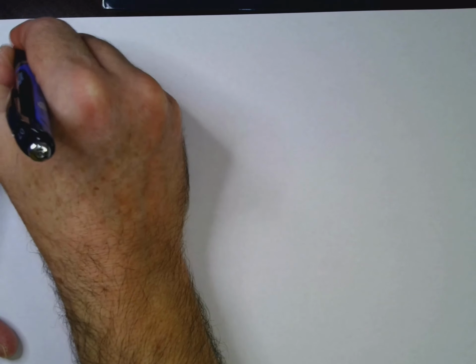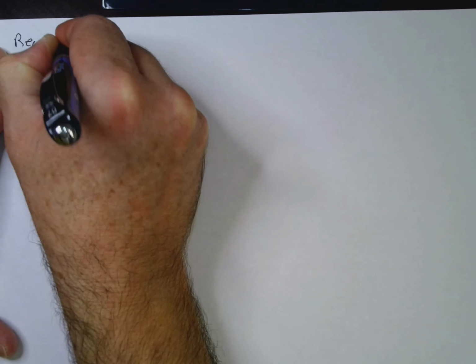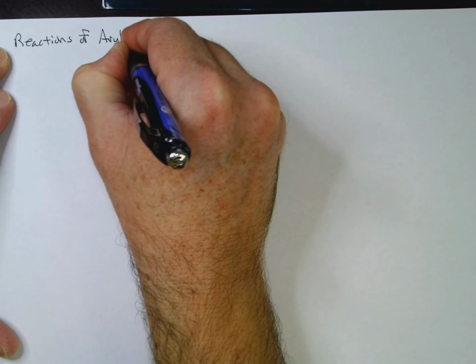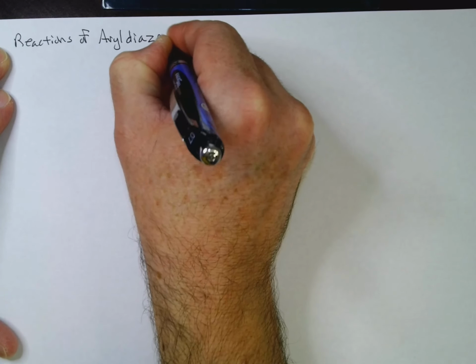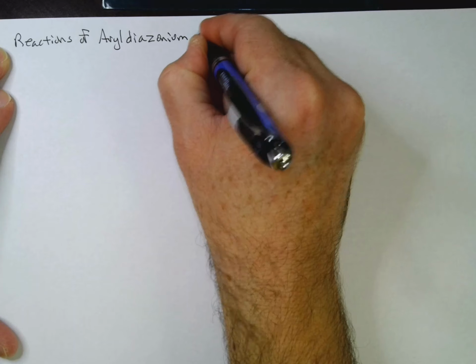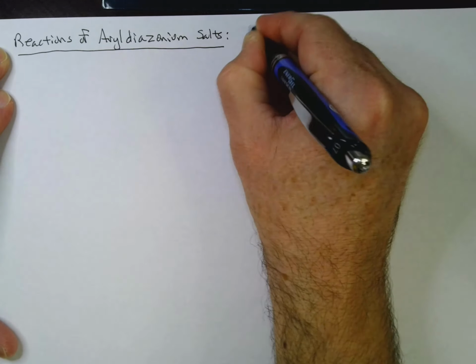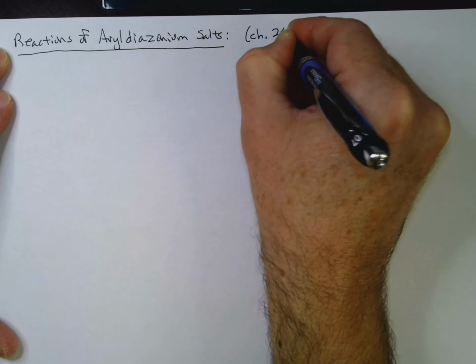But it's the following reactions. So we'll look at reactions of aryl diazonium salts. And this is chapter 24.